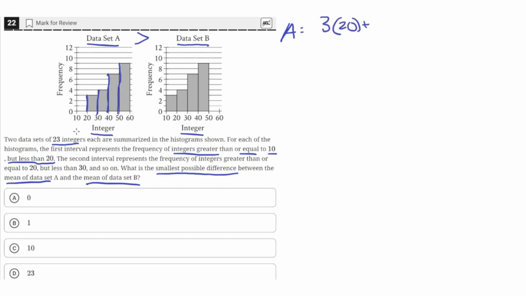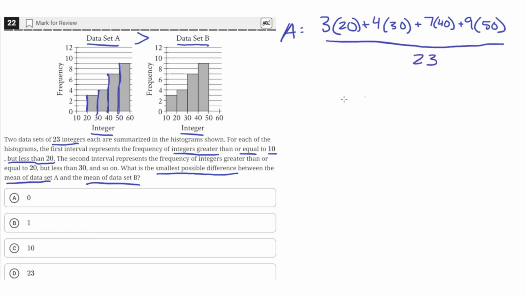Then we'll add that with 4 30s and then 7 40s and then 9 50s. And that will all be over 23 since each has 23 values.